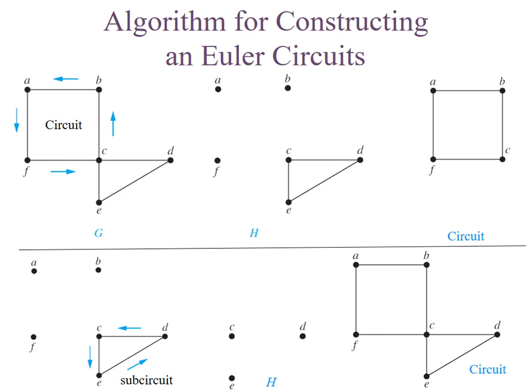After we discover this component, we add it into the circuit graph, so the circuit graph looks like this. And then we remove all edges of this component, so it's just empty edges. In this case, we cannot discover any more circuits, and that is the end of the algorithm.